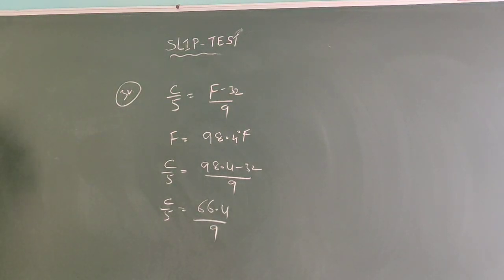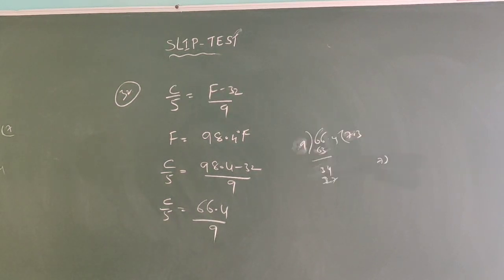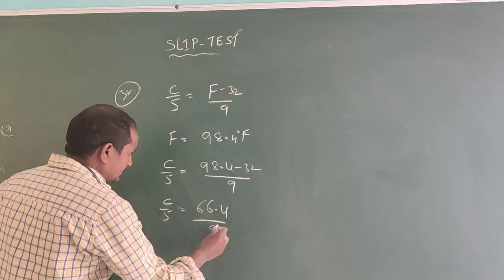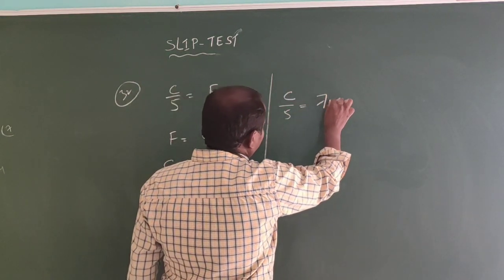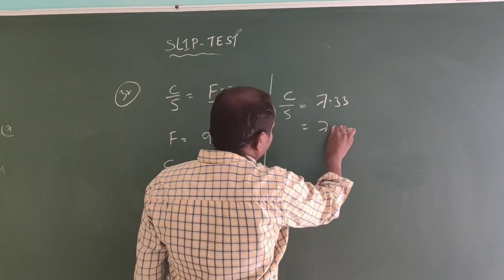Dividing 66.4 by 9, nearly we get 7.33, we can write 7.4.